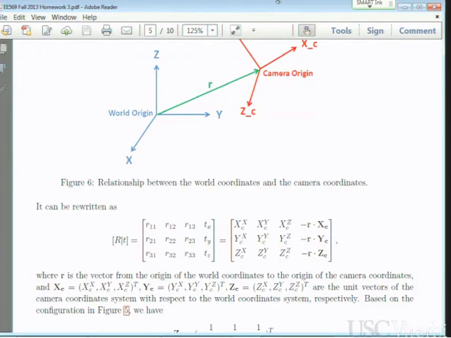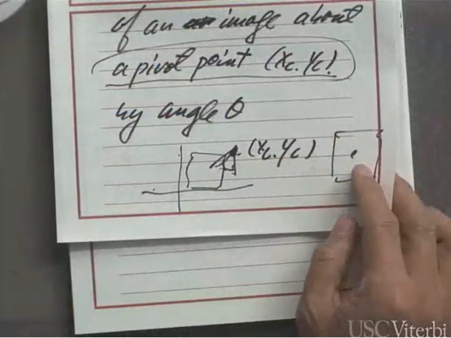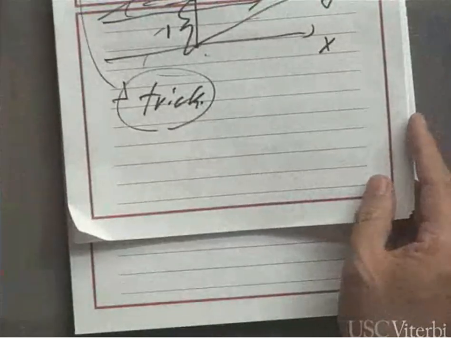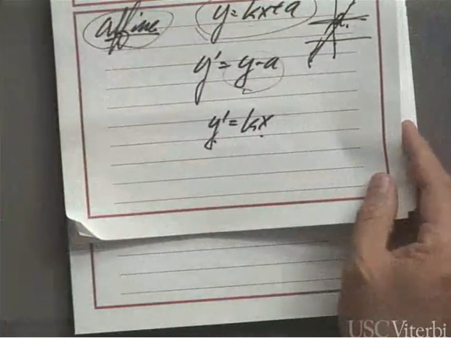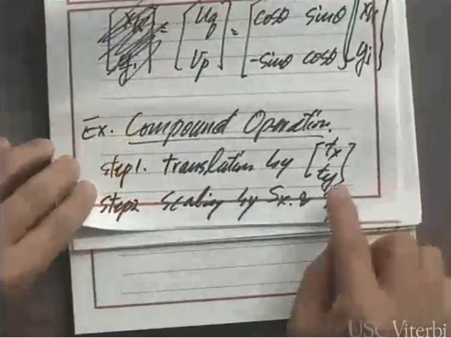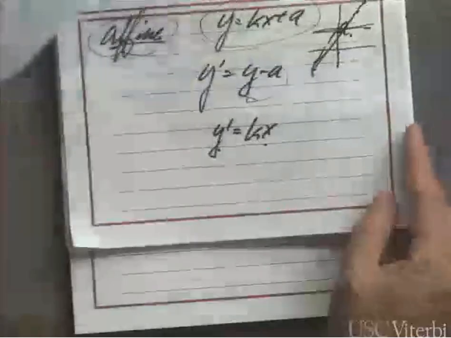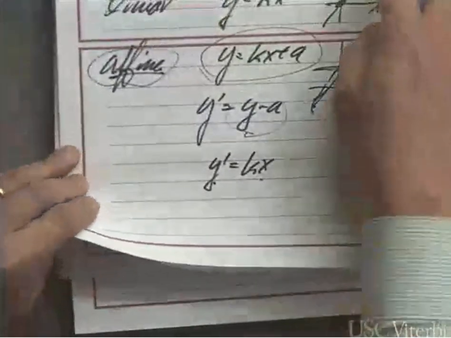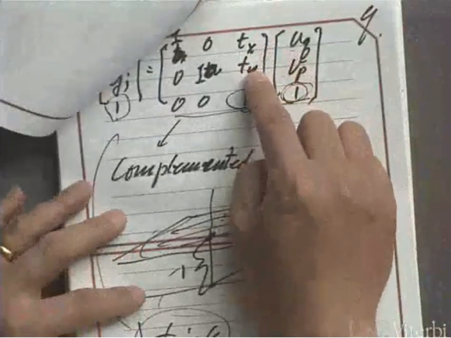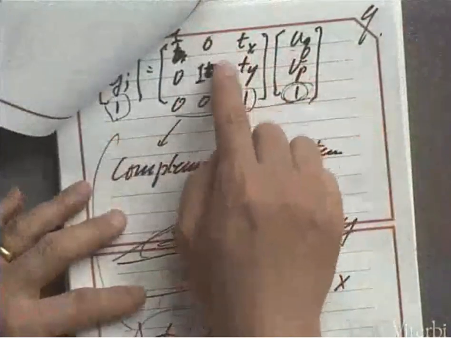Operator, show the notepad. This is an example, okay. Let me show you. If you do a forward translation, then the forward translation will be plus, and you can write down TX, TY like that. The inverse translation will be minus.